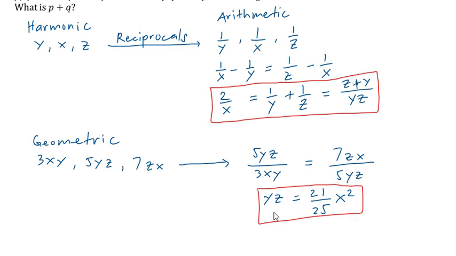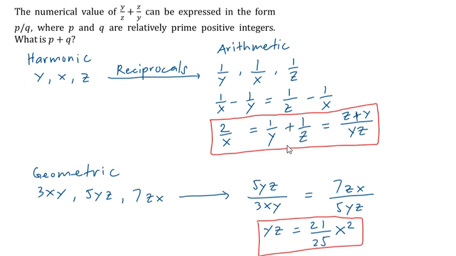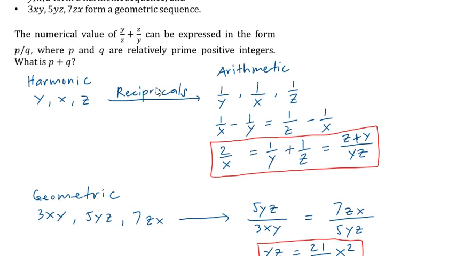The second equation contains yz. So this actually gives us a hint that we might want to write this expression into another form that contains z plus y and yz. Because if we can write this into another form containing those expressions, then we can easily use these equations right here. Now let's do that.